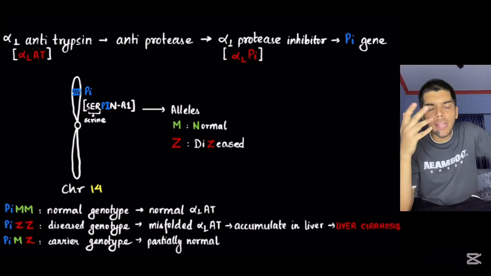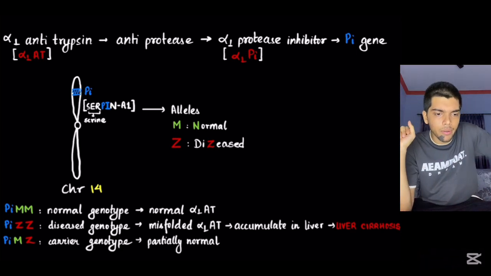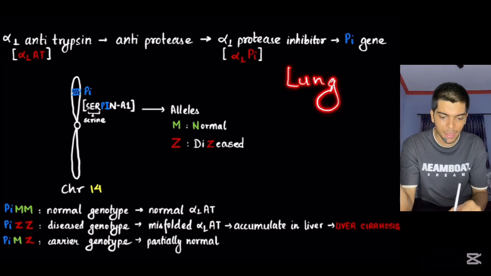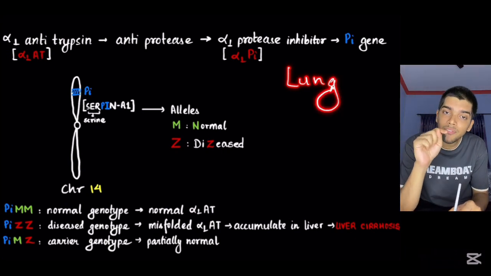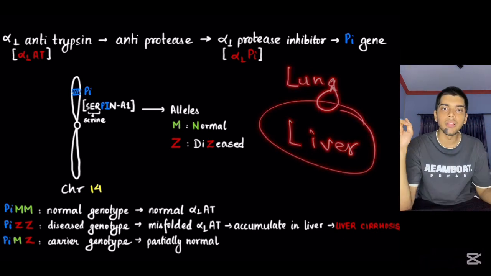Another question that arises is, in emphysema, which two organs are affected? The lung is affected because you have emphysema. It is a lung pathology. But if the emphysema is due to alpha-1 antitrypsin deficiency, then your liver is also affected. How?